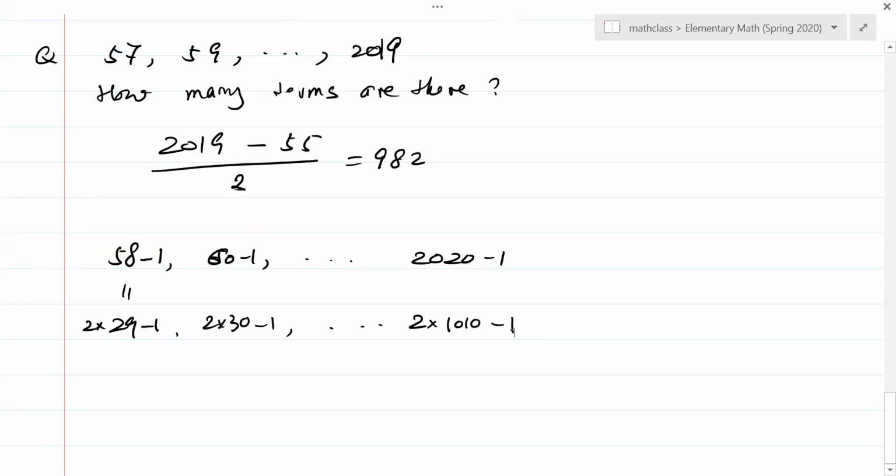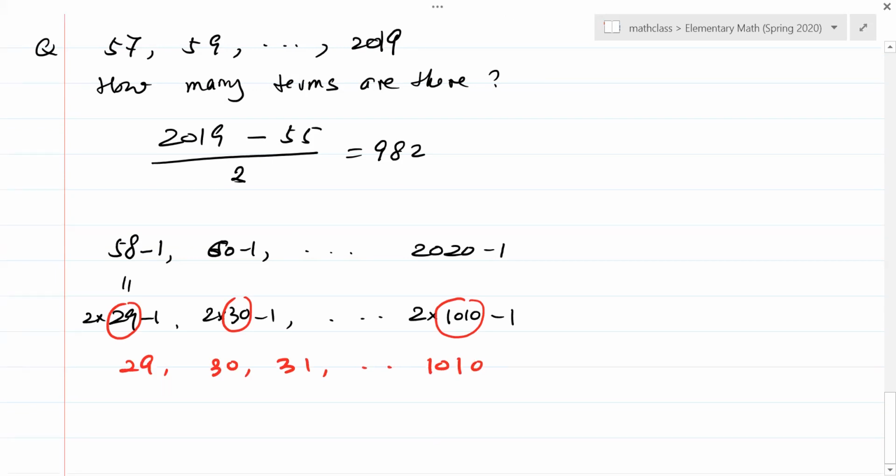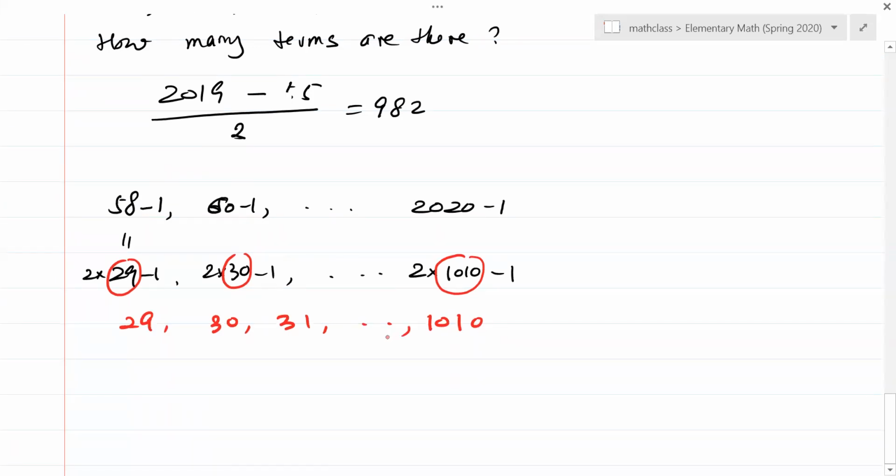So this sequence corresponds to another sequence. It starts from 29, 30, 31, all the way to 1010. Then you count how many terms are in this sequence, and clearly it's 1010 minus 28. So that is 982, the same number.